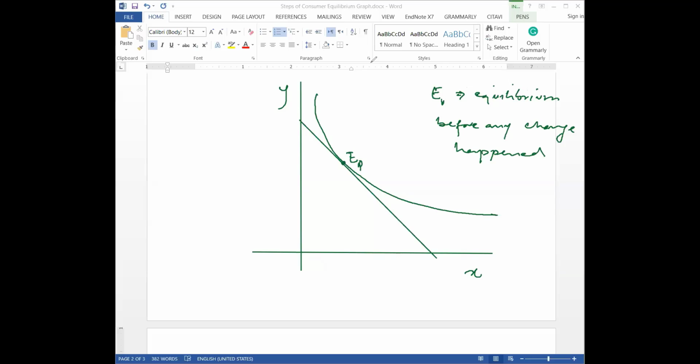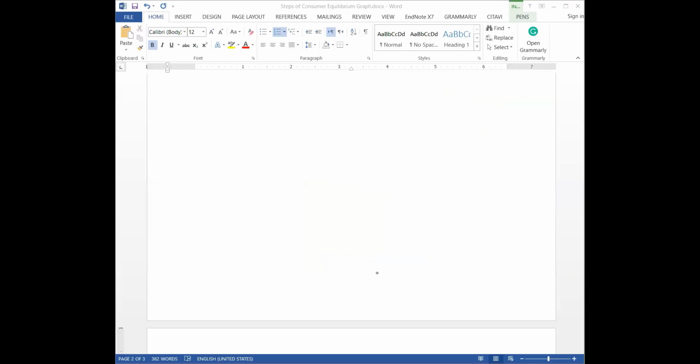In this equilibrium, the customer is selecting this much of y, that is y1, and this much of x, that is x1. This point E1 is the equilibrium before the event which is discussed in the question. When you draw this point, then we'll go towards studying the event. So let me clear it and let's go towards the discussion of the event.